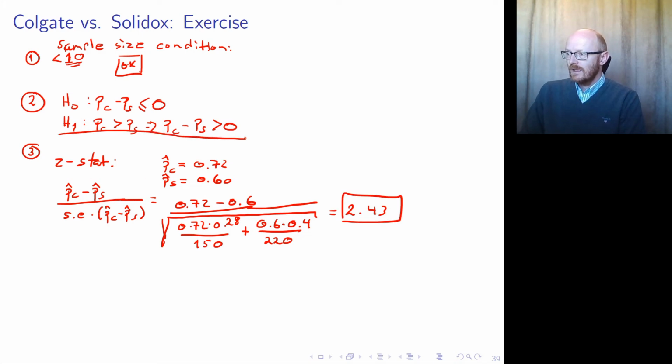So these are our hypotheses, and now you need to know the critical value.